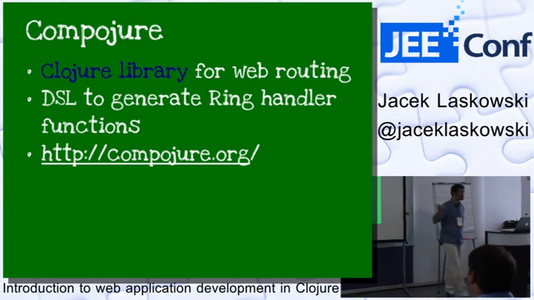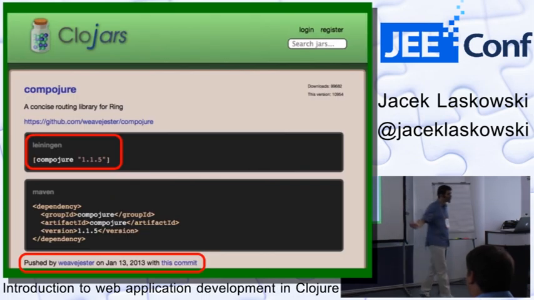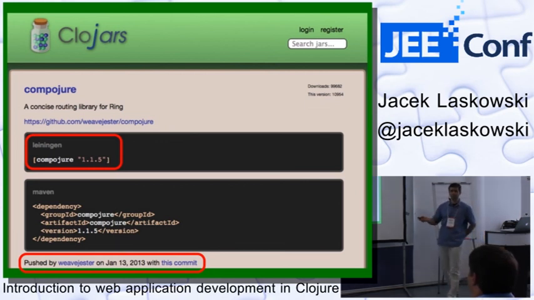So Compojure.org is the place to learn more about Compojure. Clojars is the place to find what we need to put in Leiningen to play with Compojure. So we add Compojure to project CLJ, and we are done with declaring dependency on Compojure.